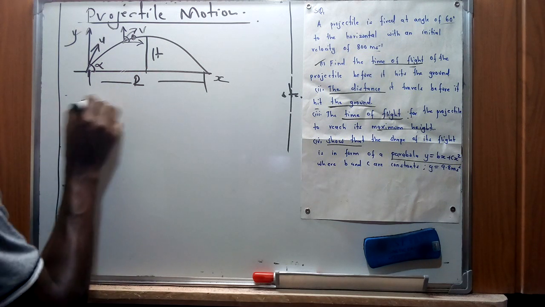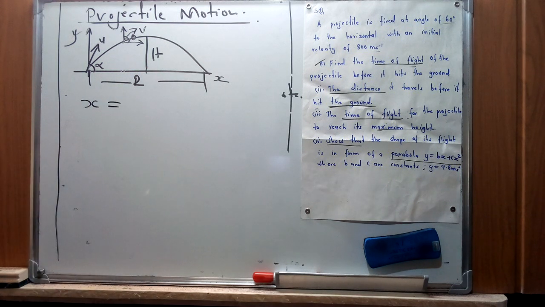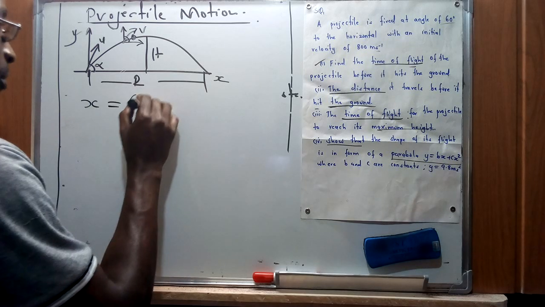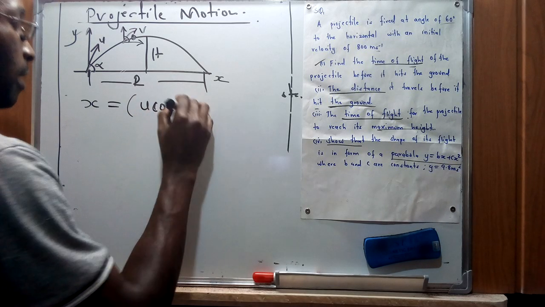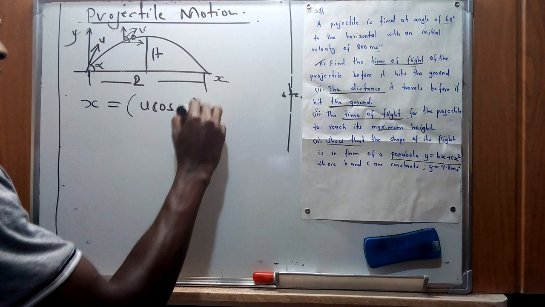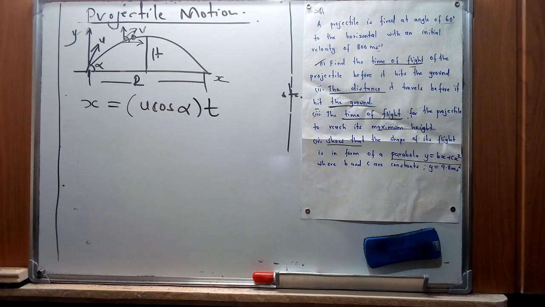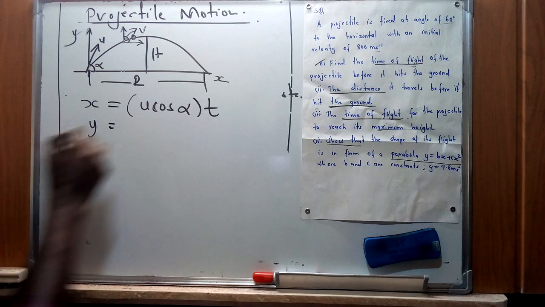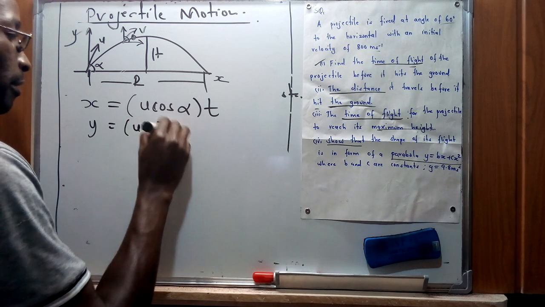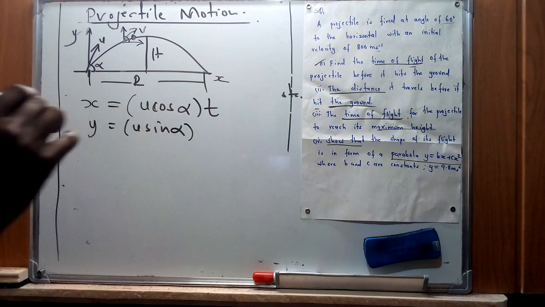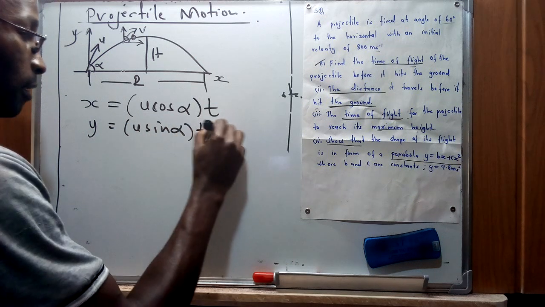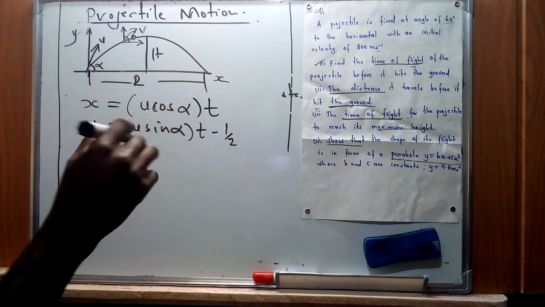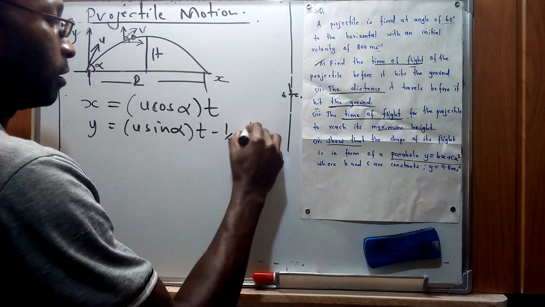So from the trigonometry relationship, you can describe x in terms of u cosine alpha t, and we can describe y in terms of u sine alpha t minus a half g t squared.